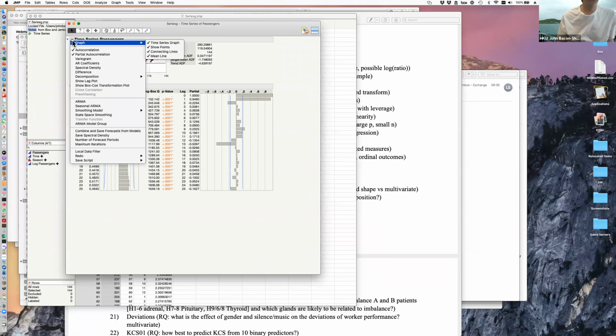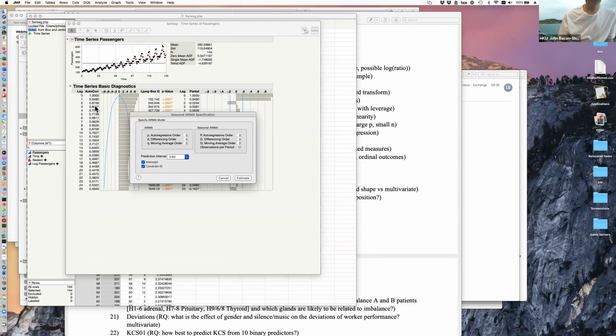So we can actually say to JMP, we want a seasonal effect. This is what it calls seasonal ARIMA. You can see here we have seasonal ARIMA, observations per period 12. So it's already worked out for itself that it's probably a season of period 12.